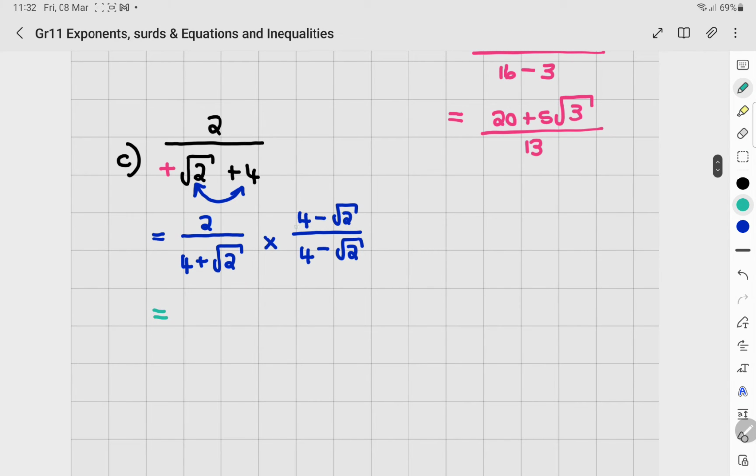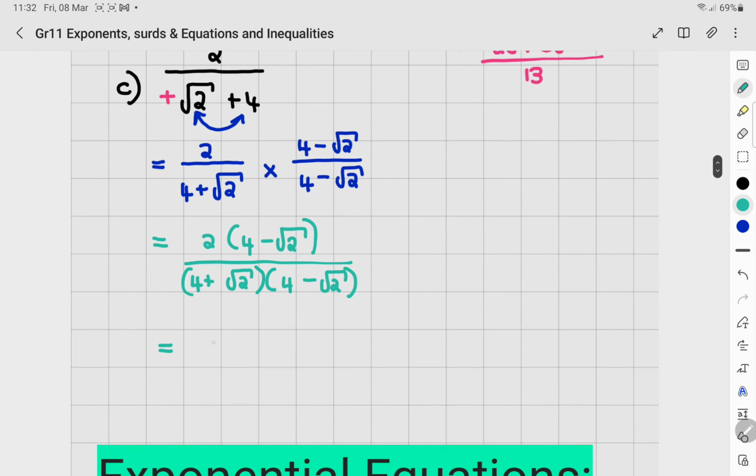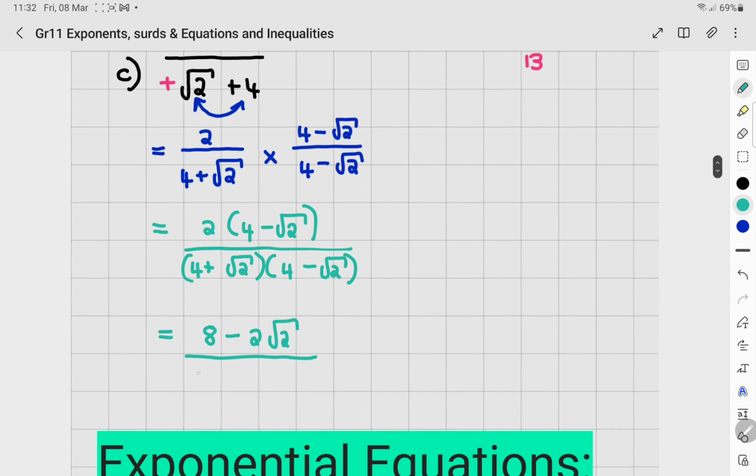Okay, so that gives you 2 times, let me just write it out, over 4 plus square root of 2 times 4 minus square root of 2, which will leave me with 2 times 4 is 8, minus 2 times the square root of 2, over 4 times 4 is 16 plus 4 minus 4 square root of 2 plus 4 square root of 2 falls away, and plus and a minus is a minus.